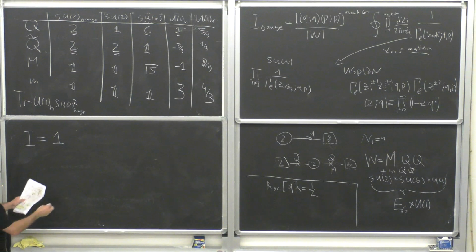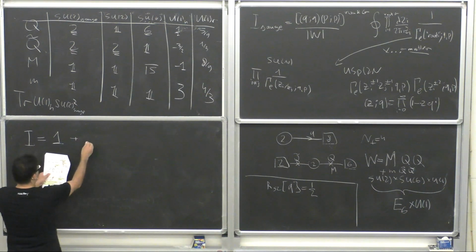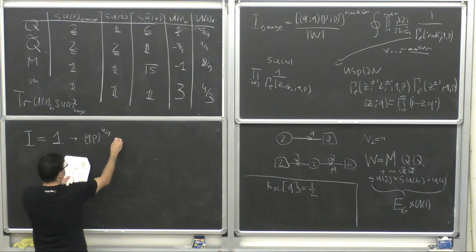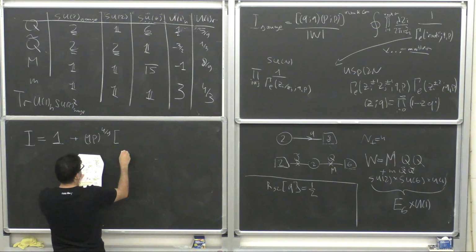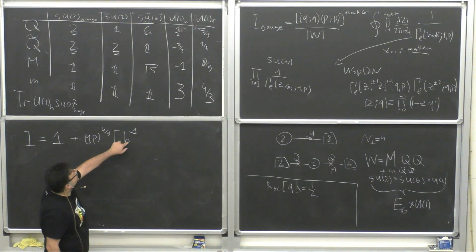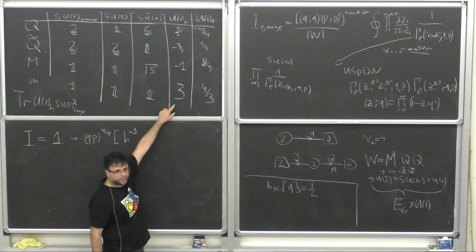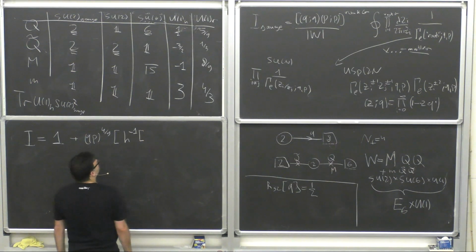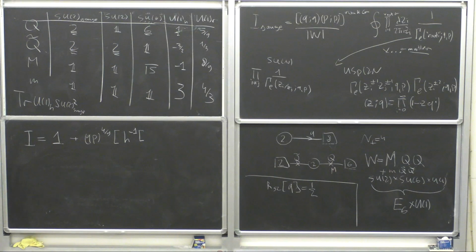When I continue computing the index, I find that there is a term which goes like QP to the 4/9, weighed by h to the minus 1, where h is the parameter corresponding to this U1H, and then we have characters of SU2 times SU6 global symmetry.